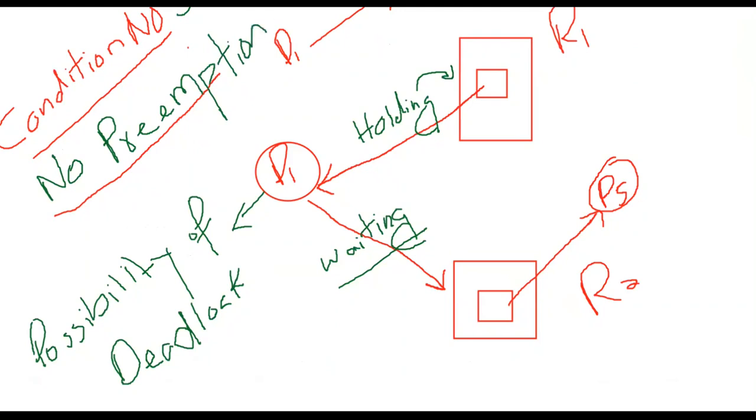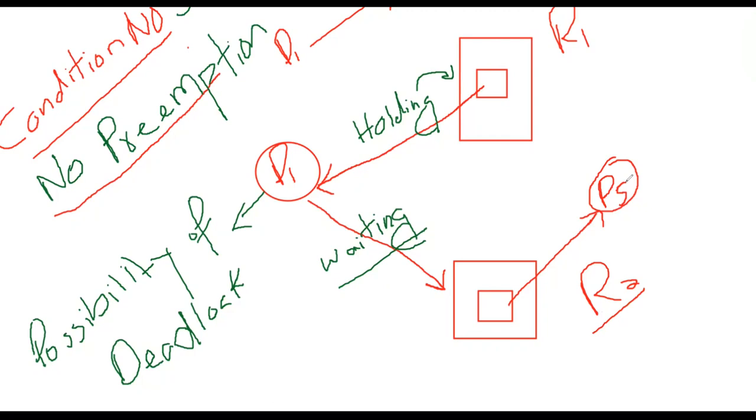Okay, guys, you can see in this diagram that P1 is waiting for R2, but R2 is held by P5. Let's suppose P5 is not that important a process. P1 is a very important process where we cannot tolerate a waiting situation for P1, but we can tolerate a waiting situation for P5.